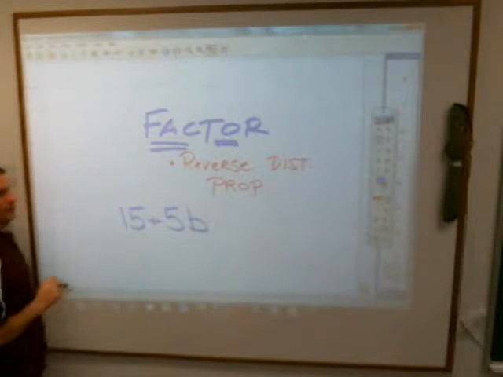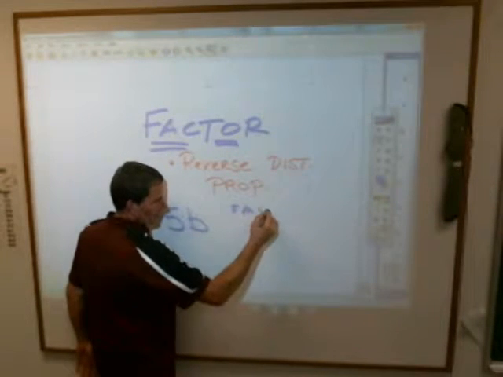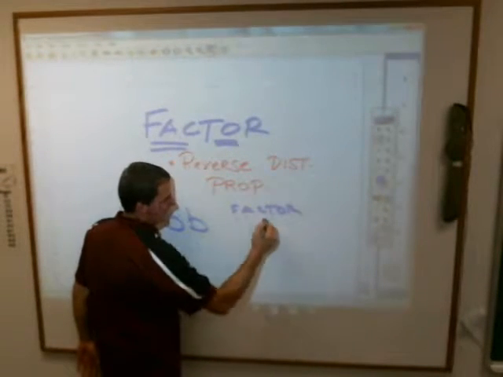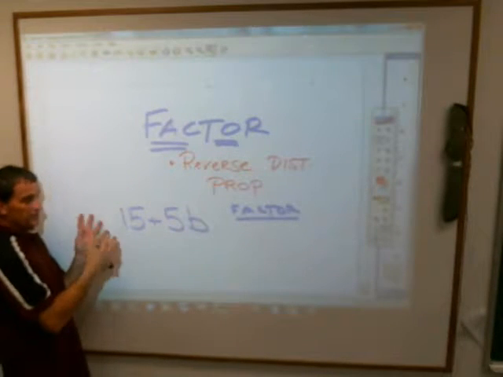Here is what you are given, and you are asked to factor this. By the way, sometimes you can't factor it and it's unfactorable, but this one you can.